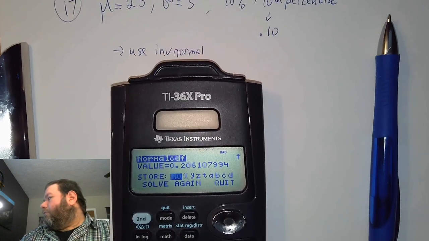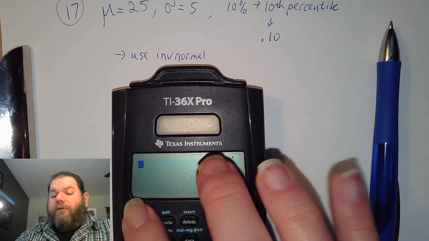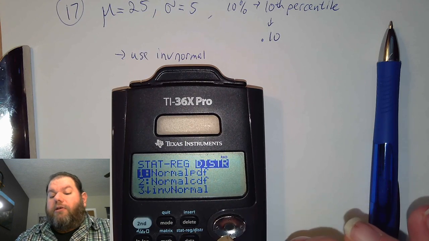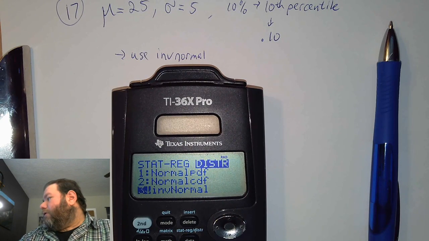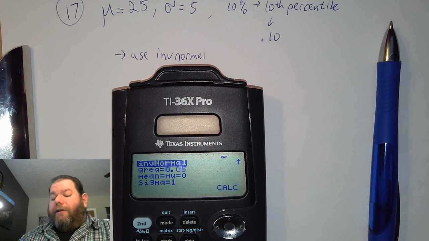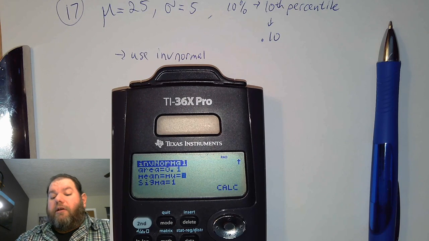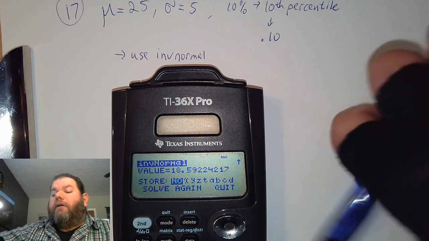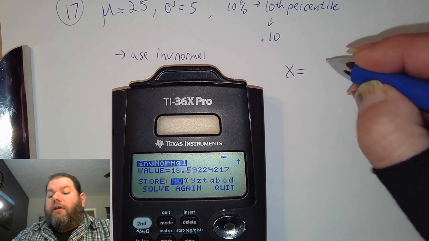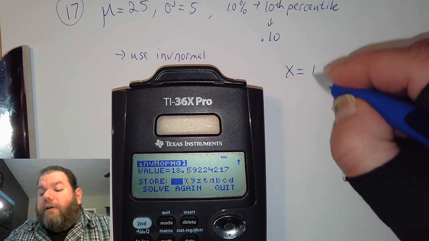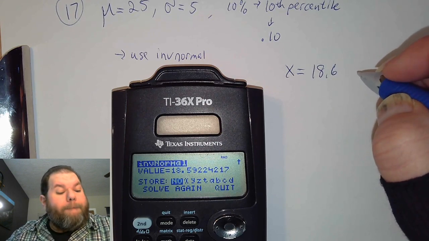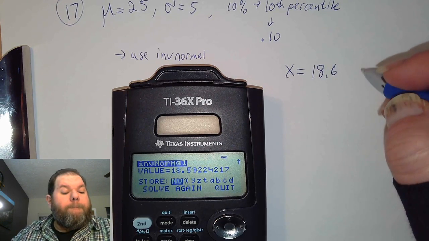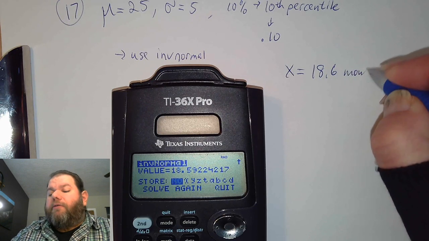Now, we go second, data, distribution, and inverse normal is our third option there. So our area is 0.10 because we're at the 10th percentile. That's our area. Our mean is 25, and sigma is 5. Calculate, and so we find that x is 18.6 months.